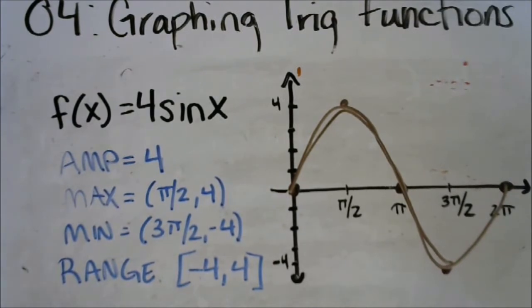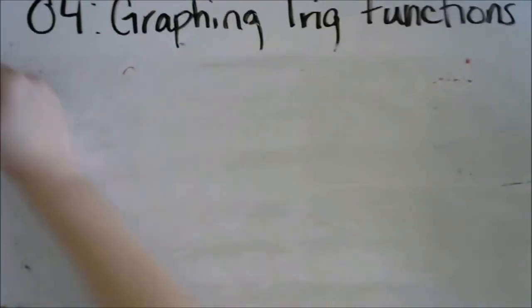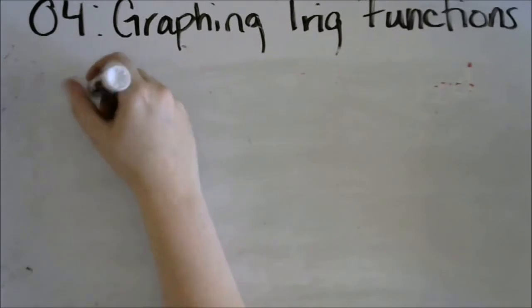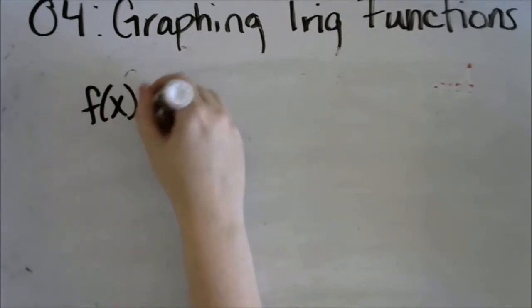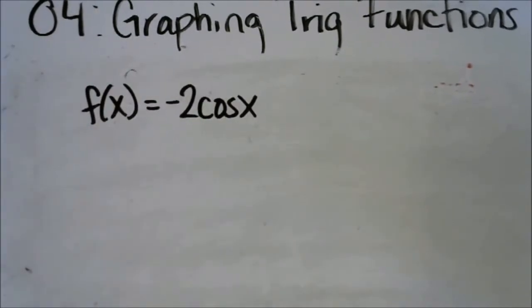Let's graph another function. F of x equals negative 2 cosine x.